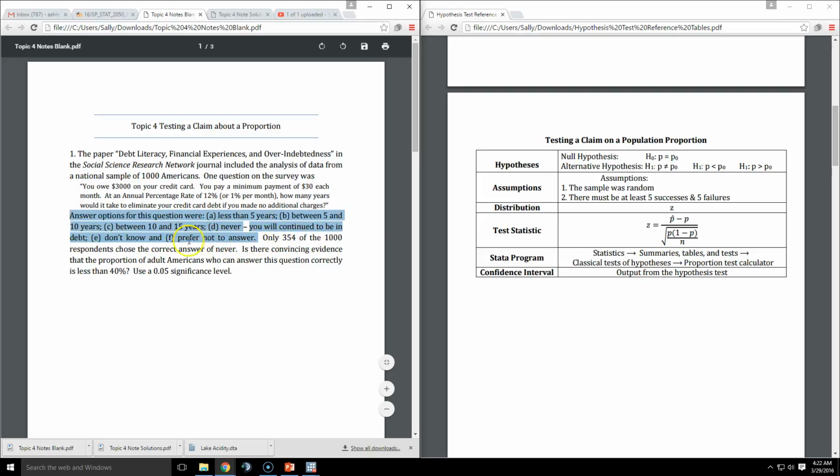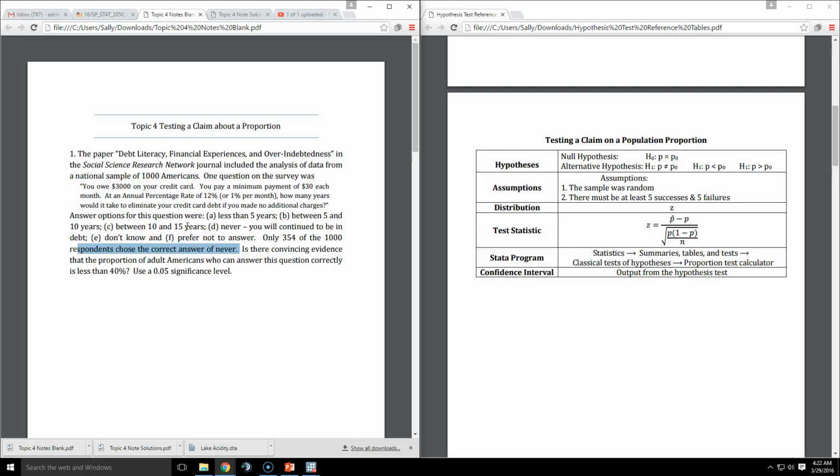So I usually pause and say, well, think about this before you look at the last answer, although it is right here. But out of the 1,000, only 354 chose the correct answer of never. Basically, when you make a payment, part of it goes towards interest, and the other part goes towards what you owe. So you'll basically always be paying something.